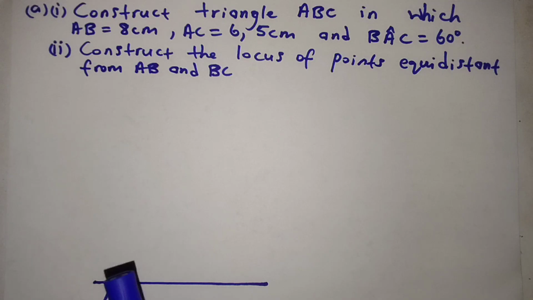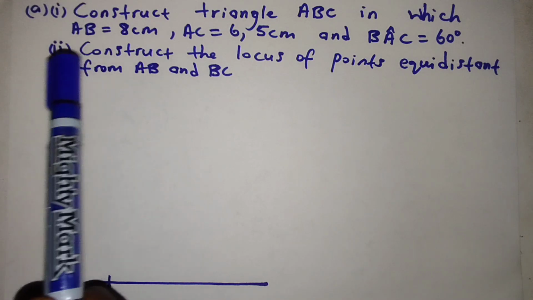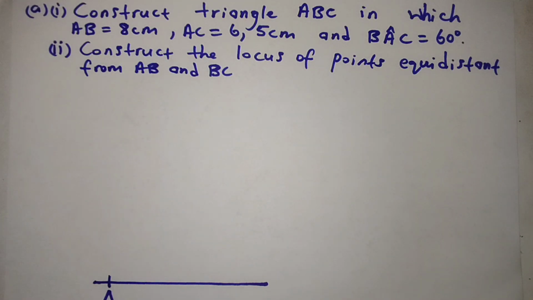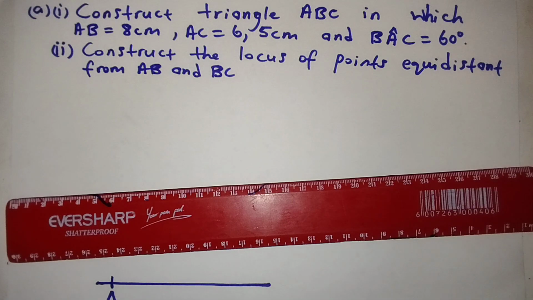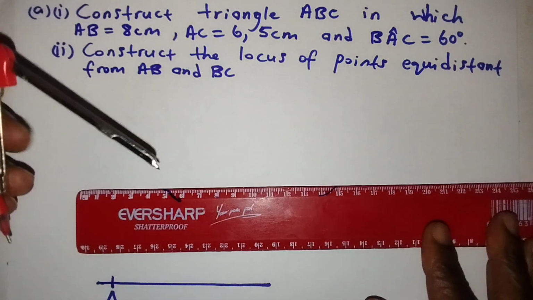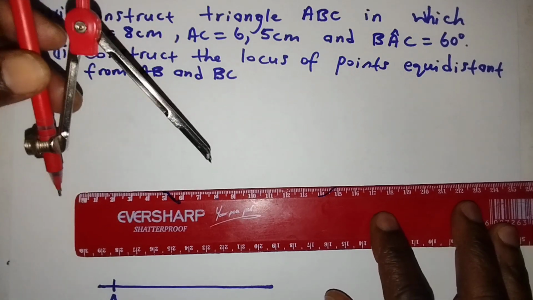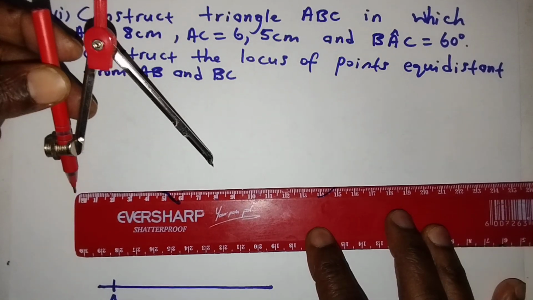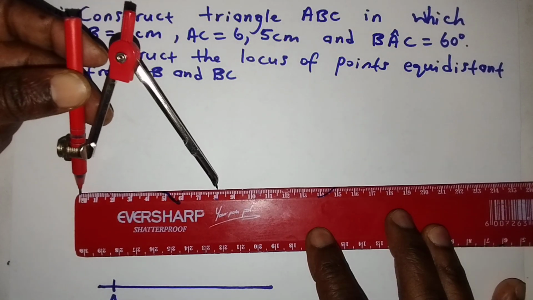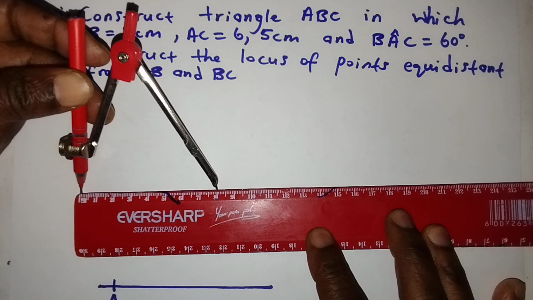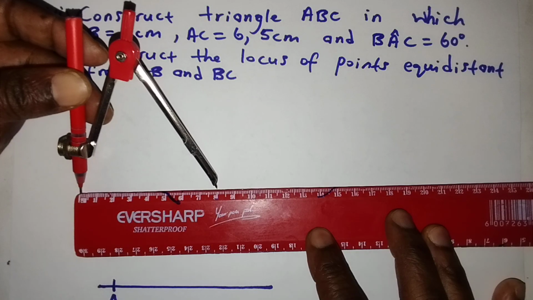So I'll start by constructing the baseline AB, which is equal to 8 centimeters. So I'm going to measure 8 centimeters using the ruler and compass. So my radius of 8 centimeters, okay, there it is. You can see that's 8 centimeters.